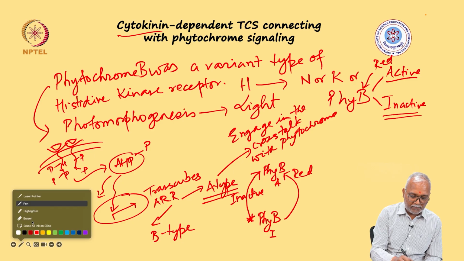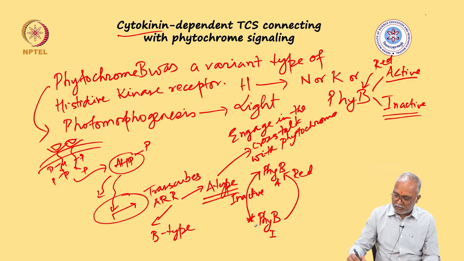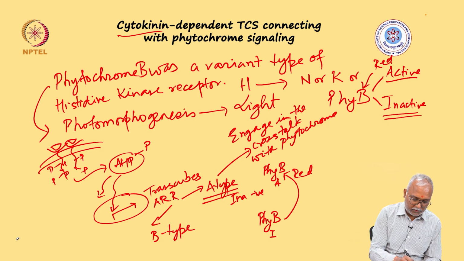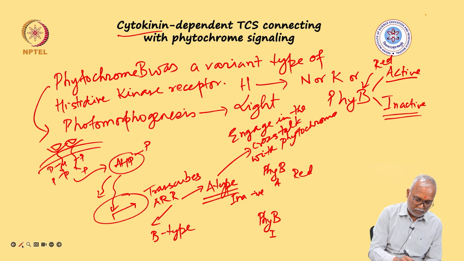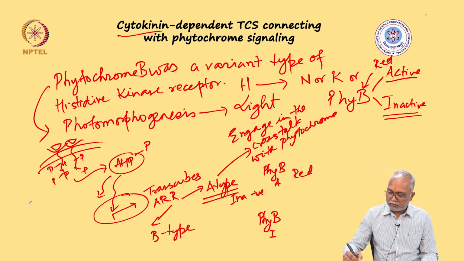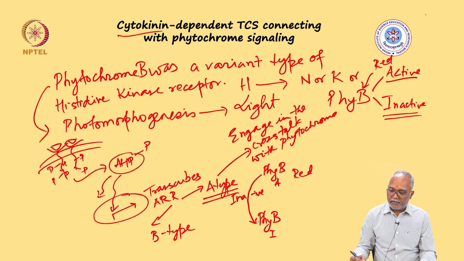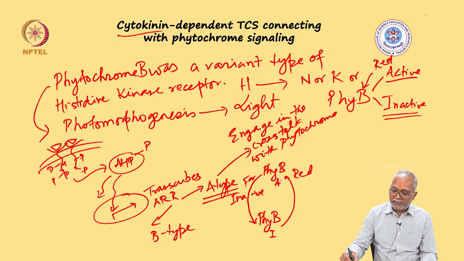So the reversal which is happening here is, if I just redraw this portion, so what you will notice is that from active to inactive state is basically what is being induced by the far red light, and inactive to active state is being induced by the red light. So this conversion of active state to inactive state is inhibited by the A type response regulator.